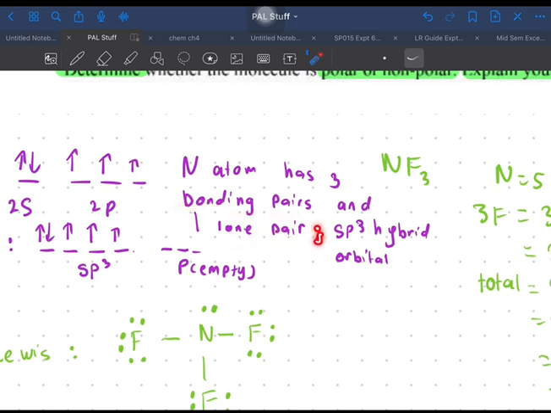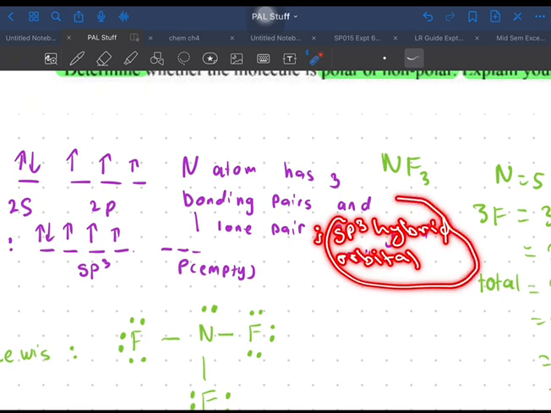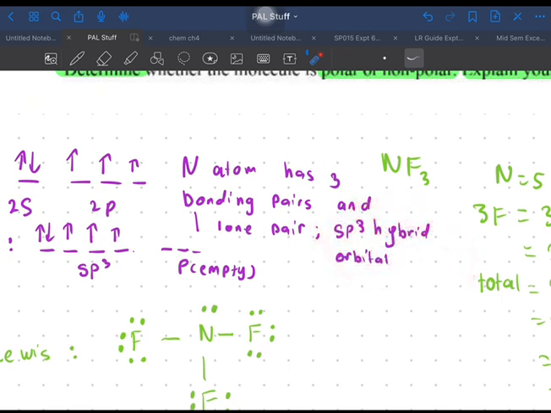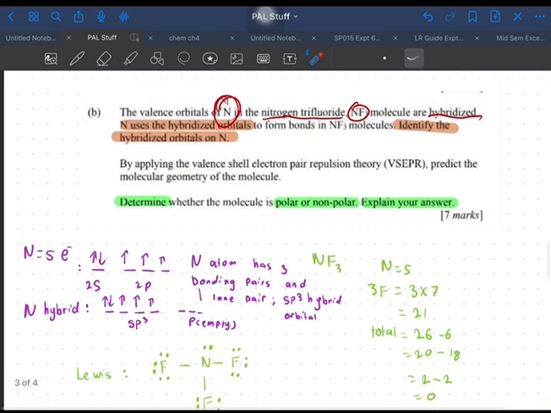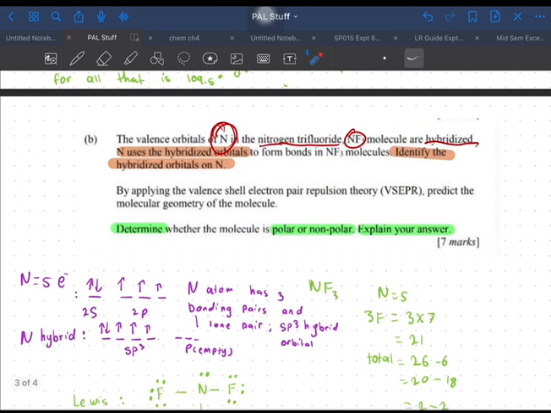Thus, sp3 hybrid orbital. You have to explain why it has sp3 hybrid orbitals. You just take these 3: it has 3 bonding pairs and 1 lone pair. It's simple. Okay, next, determine whether the molecule is polar or non-polar, and then we have to explain the answer.